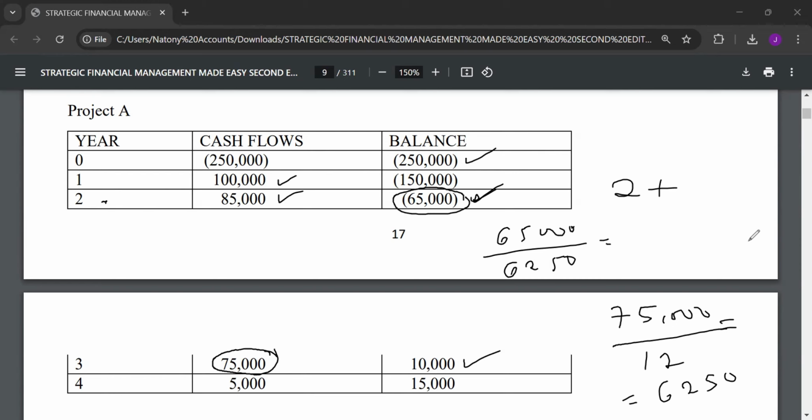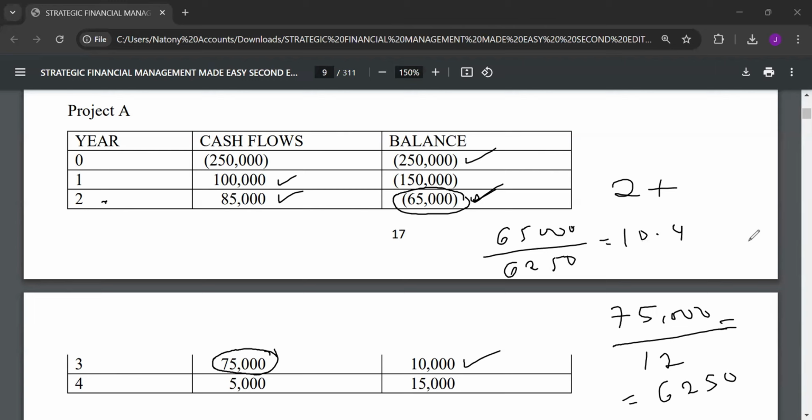So 65,000 divided by 6,250. So that will take 10.4 months. Therefore, the payback period. So at this 10.4 months, that's when it becomes zero.